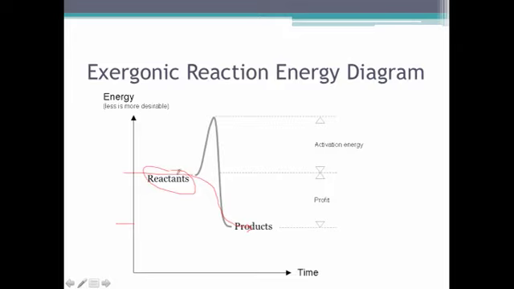So if I start with this much energy in the reactants here, and I end up with this much energy in the products here, the difference between this and this must have gone somewhere. So there's energy here that's actually being released, and that's the difference between them there.